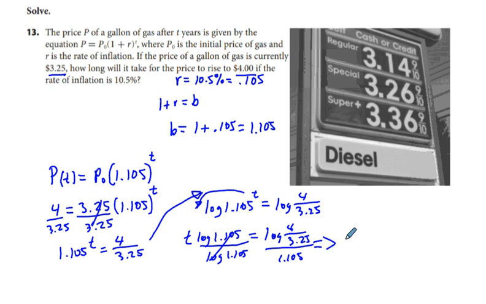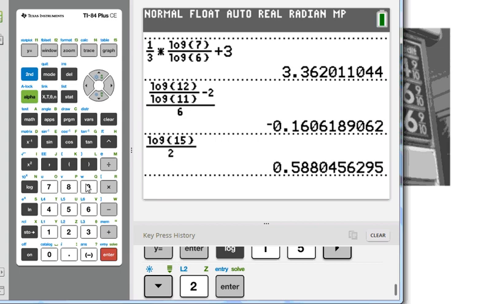So T is going to be equal to log of 4 over 3.25, over log of 1.105. Let's go to the calculator.